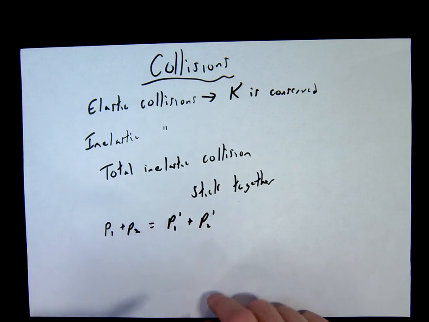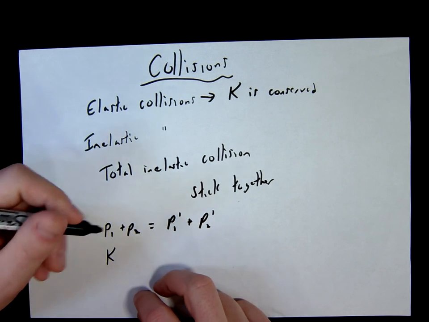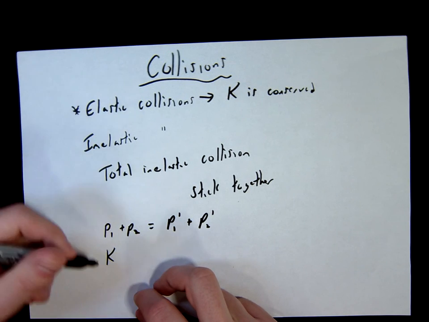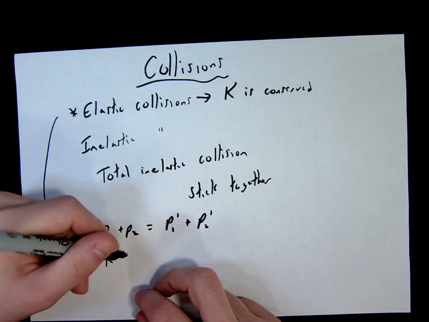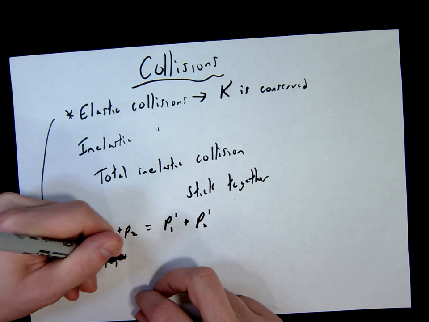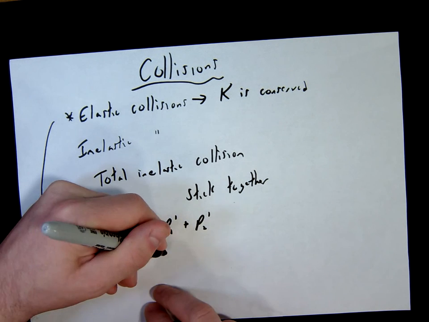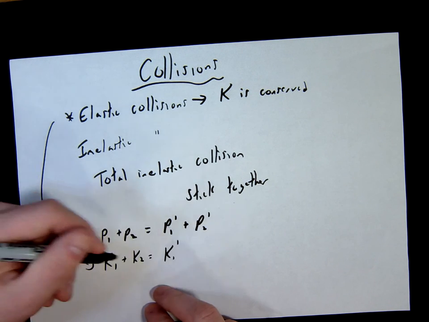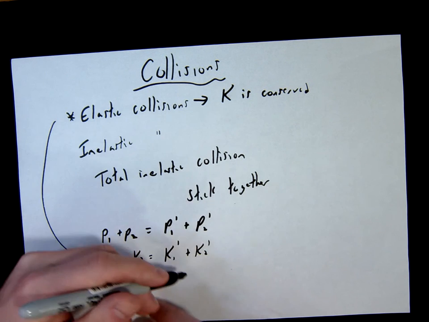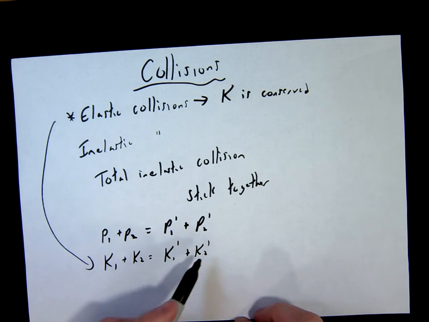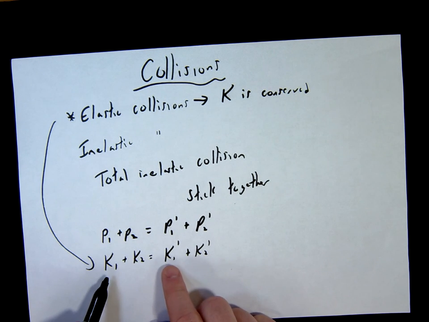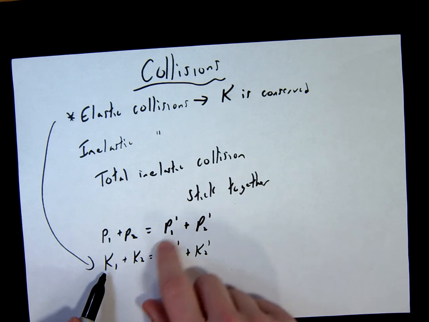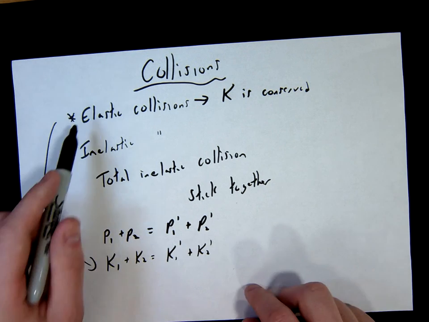In a similar way, if it's an elastic collision, I know that K1 of one object plus K2 of the other object has to equal K1 after plus K2 after. And this is very important. Again, realize that not necessarily the kinetic energies of object 1 have to be the same, but the entire system has to be the same in an elastic collision.